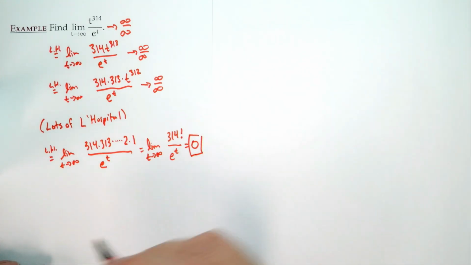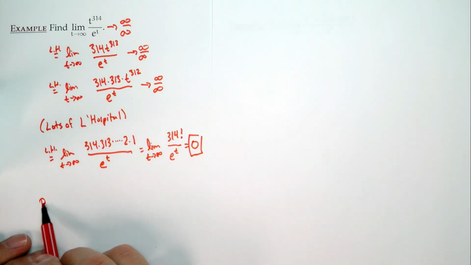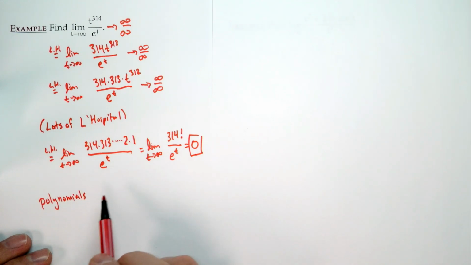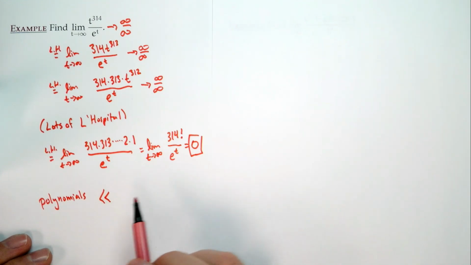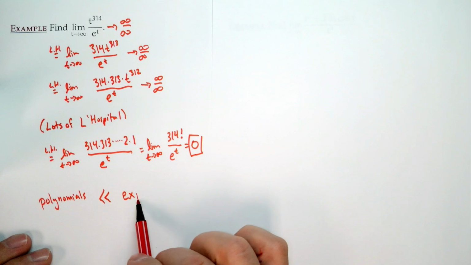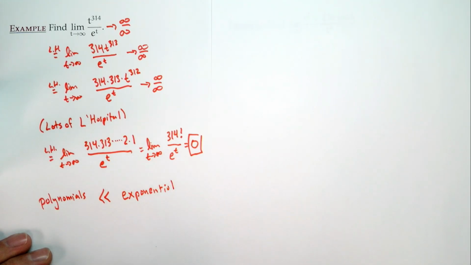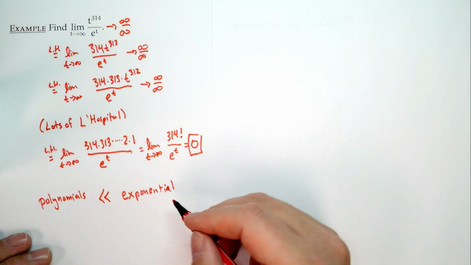And in fact, what this is really showing us is the following fact: polynomials are much smaller than exponentials. So sometimes people will use this notation. But the key here is polynomial functions grow smaller than exponential functions.